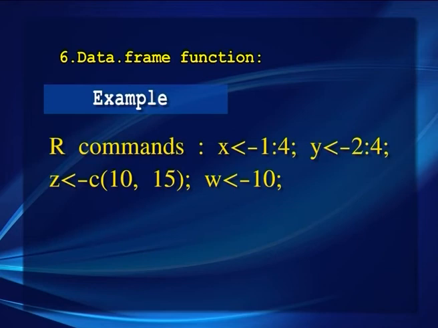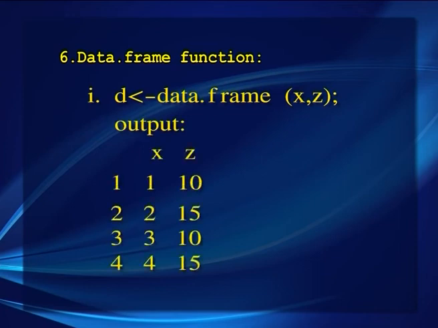So, the R command: first we will read the values, x assignment operator 1:4, y assignment operator 2:4, z assignment operator c of 10, 15, and w assignment operator 10. First we will create a data frame of x and z, that is D, assignment operator data.frame(x, z).